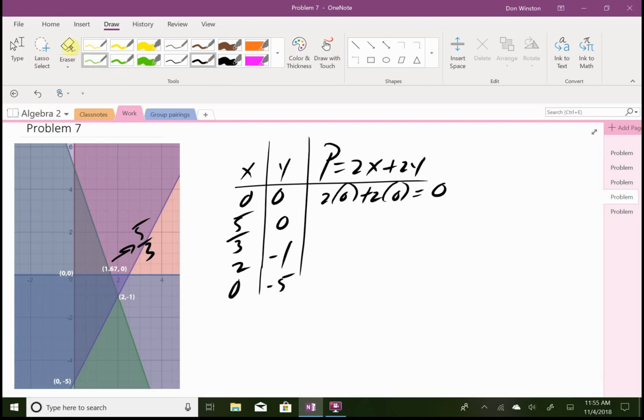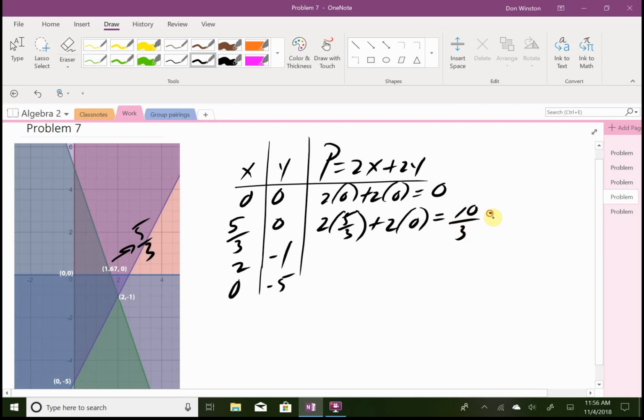For 5/3, 0, we have 2 times 5/3 plus 2 times 0. And that gives us 10/3, which is 3 1/3.